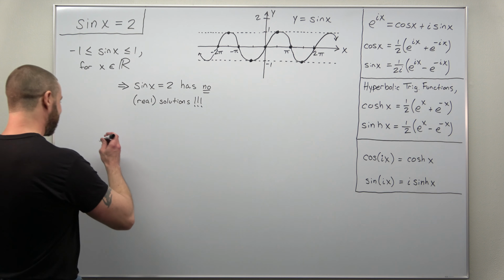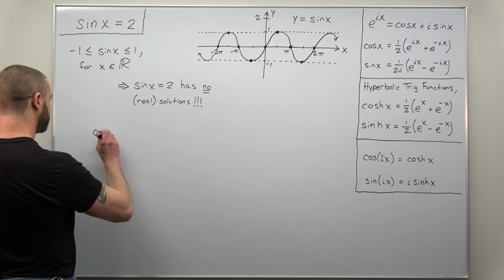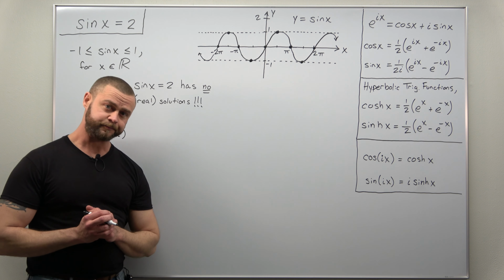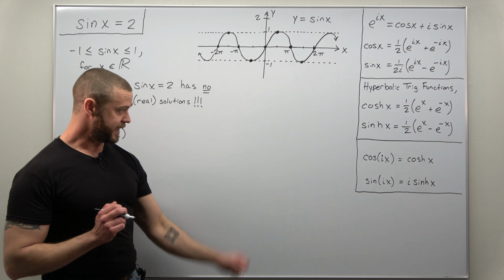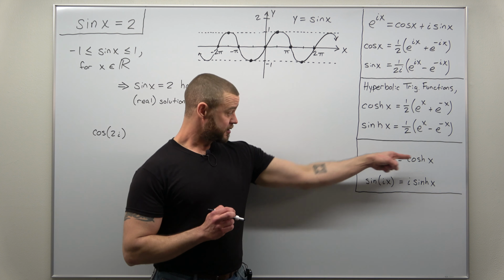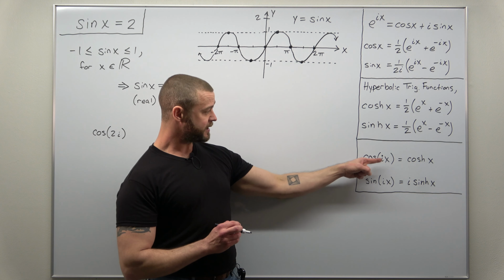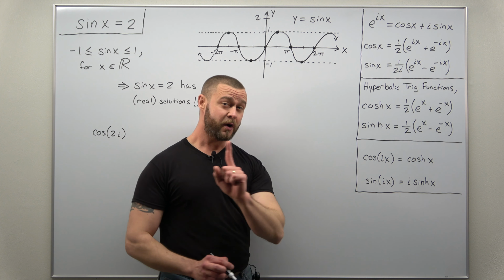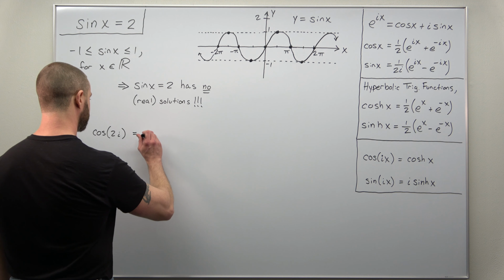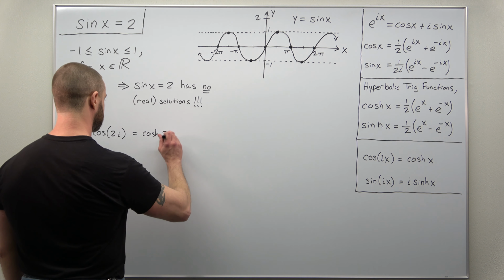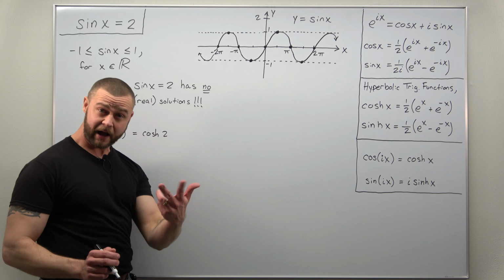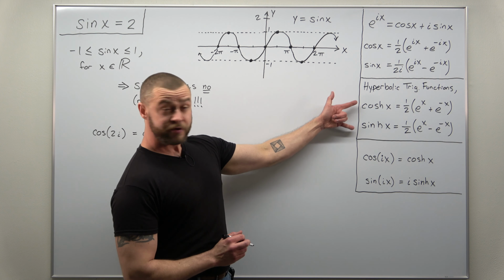So let's see if we can get an idea of what cosine of 2i might equal. These identities give us an idea. We're just replacing x with 2, and cosine of 2i comes out to hyperbolic cosine of 2. If you punch that into a calculator, you can use your identities here.